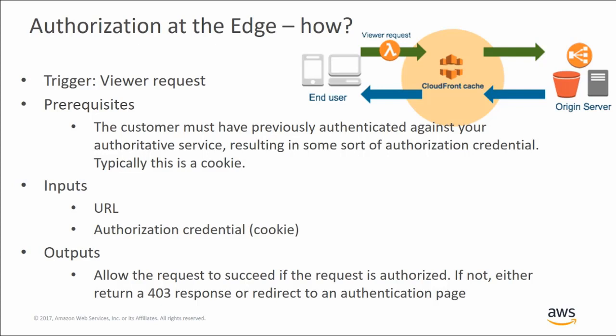If you say that the user is authorized, you can allow the request to continue so that the requested object can be served back to the end user. Or if you find that the user is not authenticated, you could either rewrite the URI so that you send the request to a login page, or issue a redirect or a 403 access denied back to the user.